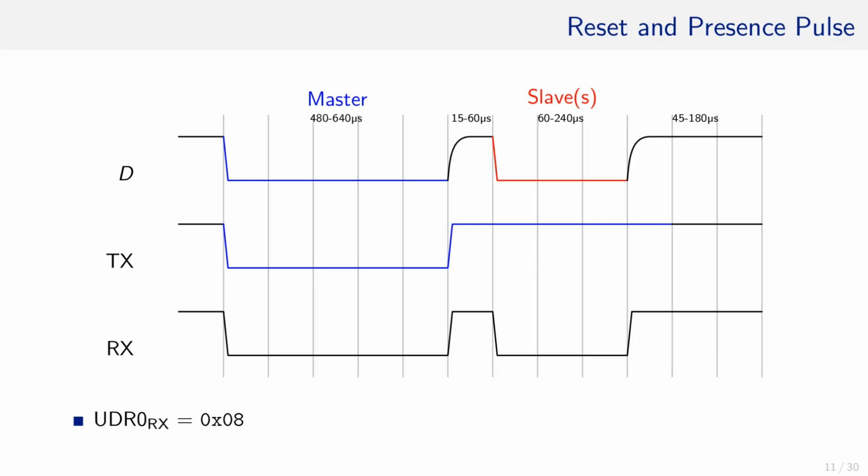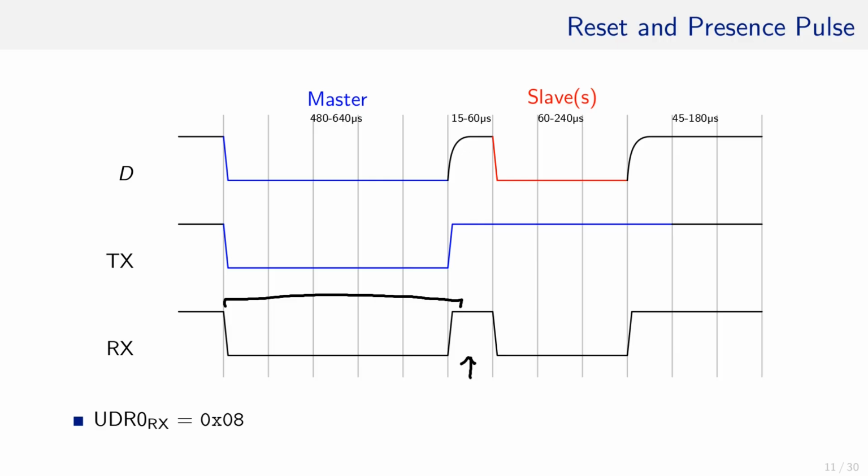What do we receive on the RX side? If there is a slave present, we see first the reset pulse, since TX is somehow connected to RX. Then TX lets the wire go and it recharges. Depending on when the slaves react and transmit their presence pulse, we might see a 1 in the RX data buffer.